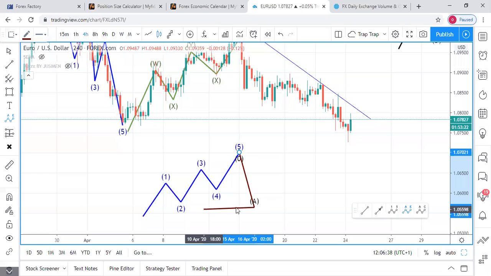Let me start again. Look, we started with a low, right? Then we went to a high, which was number 1. We then went to higher low, higher high, higher low, higher high. We were anticipating a higher low, but what did we now get? Lower low. Thank you very much. You now got a lower low.